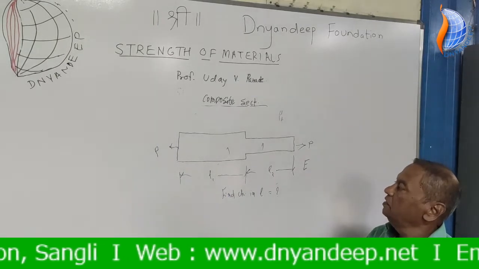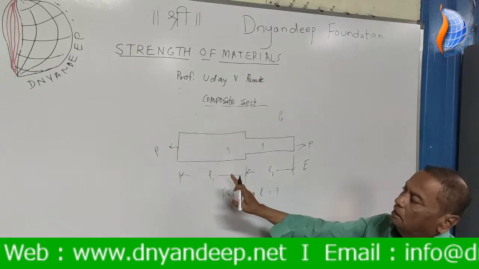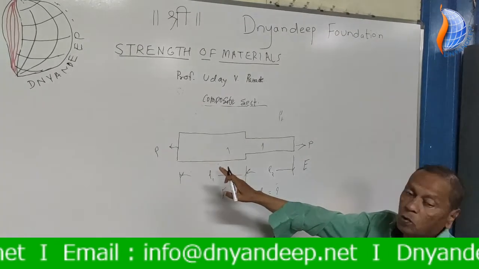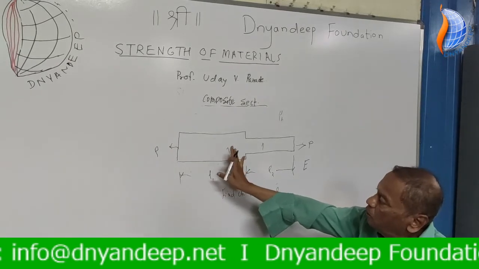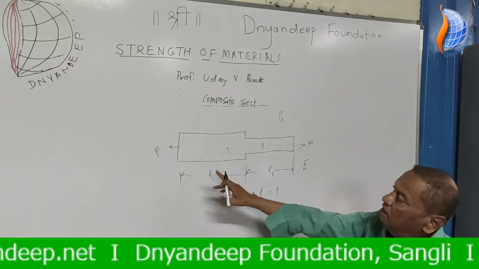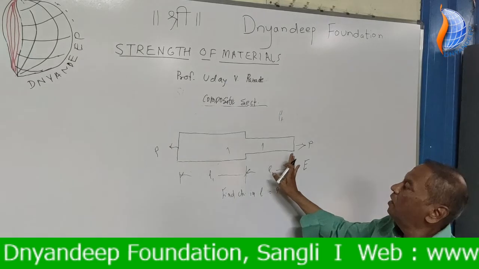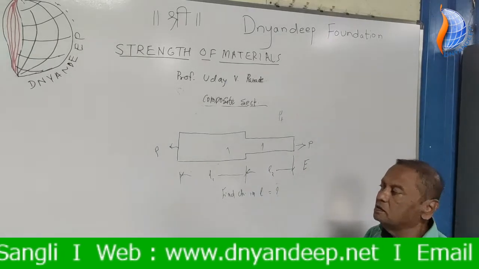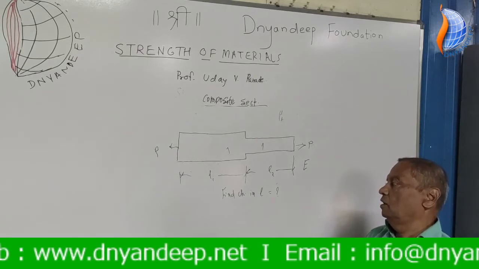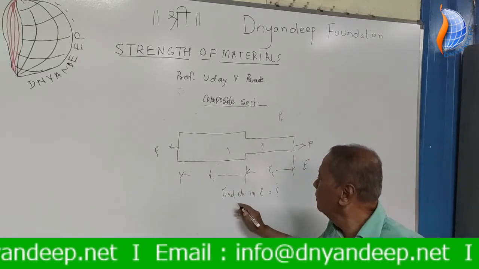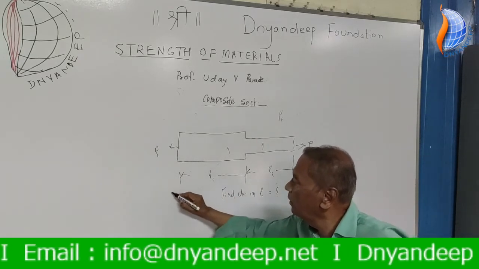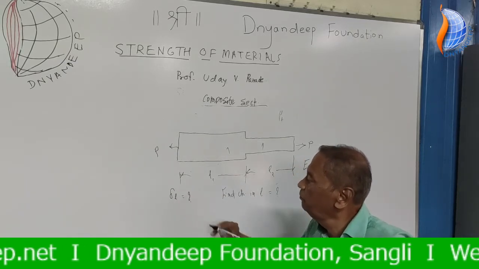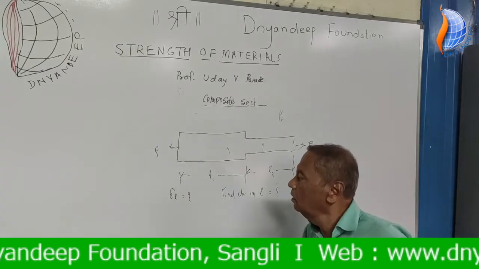Therefore, in this case, it is not like composite section, but material is same. So load taken by part 1 is P. Load taken for part 2, that is for length L2, is also P. Therefore, to find total delta L, this is a simple example.